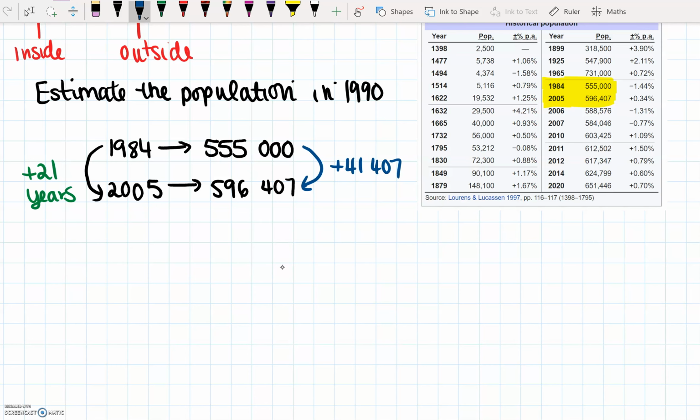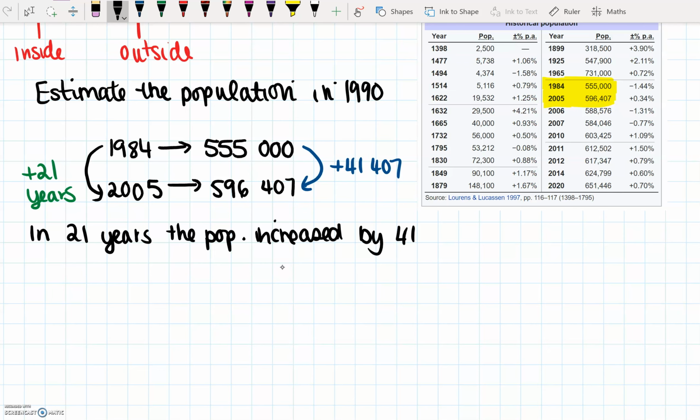We know that in 21 years, the population increased by 41,407 people.